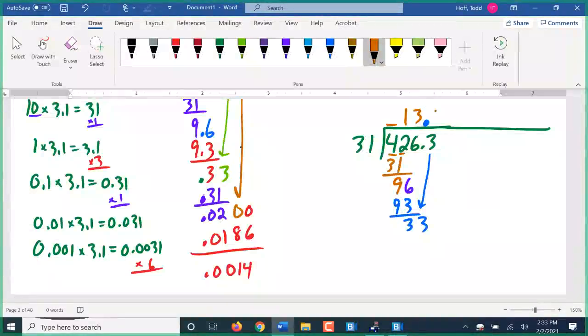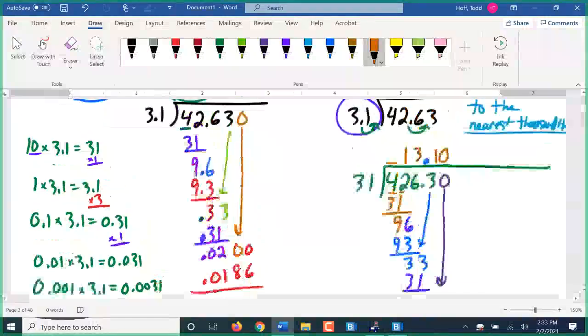31 goes into 233 once. 1 times 31 is 31. We subtract, we've got 2 left. Now again, after the decimal point, at the end of the number, we can add zeros and it will not change the value. So I'm going to add a 0 here and bring it down. Now here, 31 does not go into 20, so I have to put a 0 up here above that 0 to account for that place value in my answer.